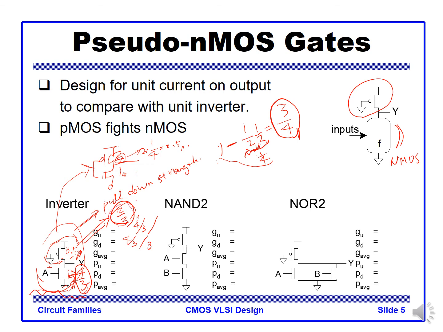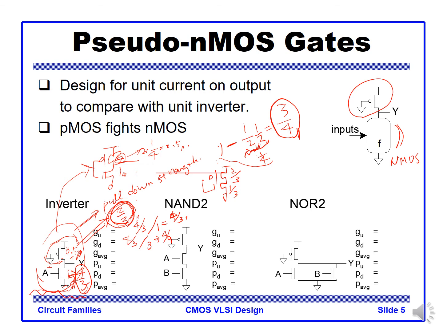The pull up device size is 2/3, so the equivalent pull up is 2/3. So the input NMOS would be 1/3, so total capacitance equals 1. So the logical effort of the pull up is GU equal to 4/3, right? And pull down is 4/9, right?